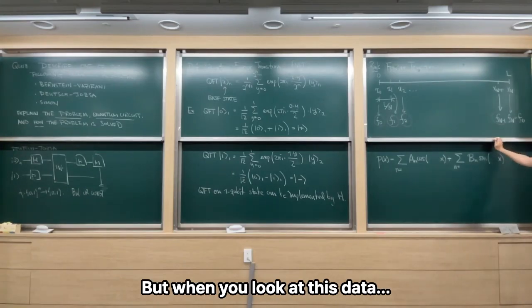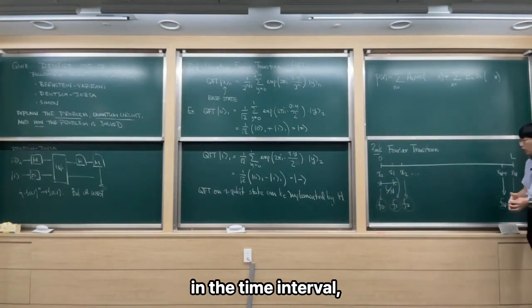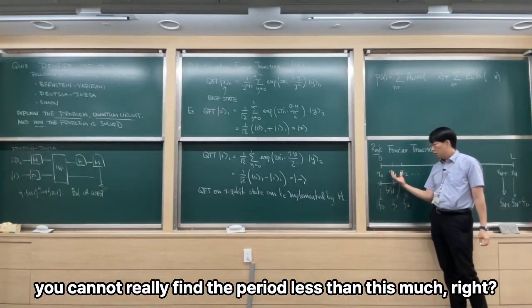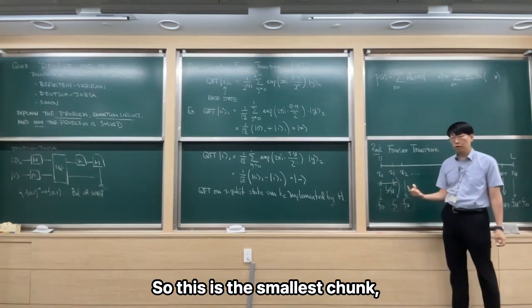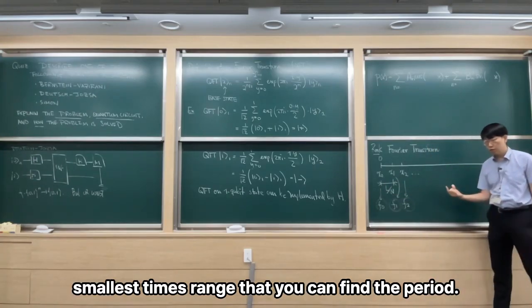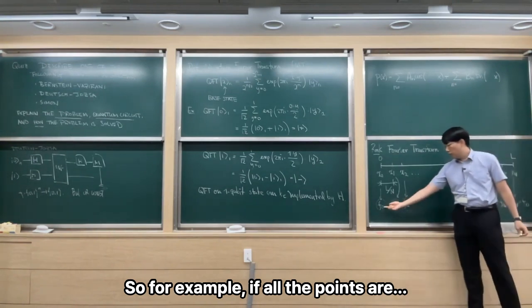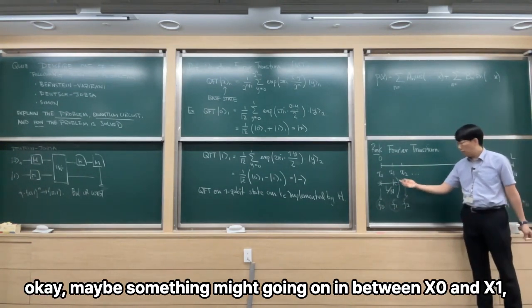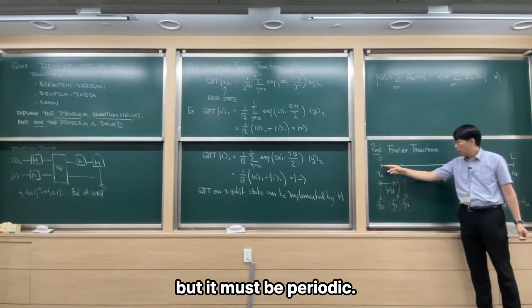But when you look at this data, since you only measured in the time interval, the smallest time interval you measured is L over n, you cannot really find a period less than this much, right? So this is the smallest chunk, the smallest time range in which you can find the period. So for example, if all the data are the same, maybe something is going on in between x0 and x1, but it must be periodic.